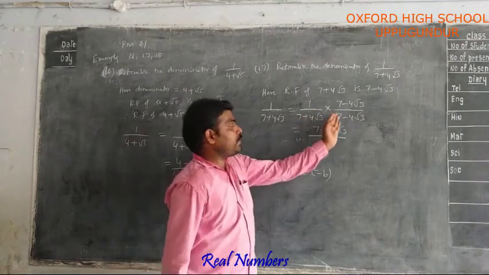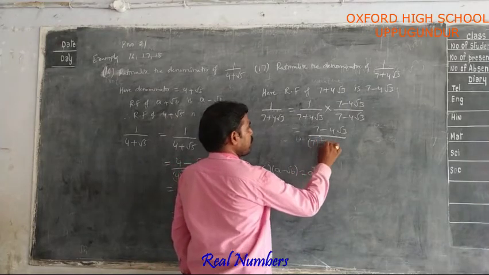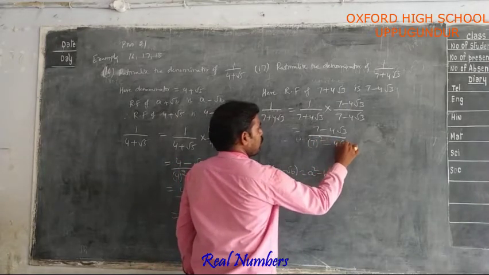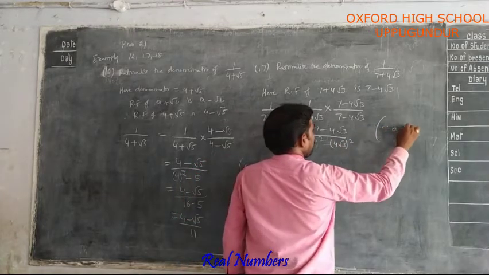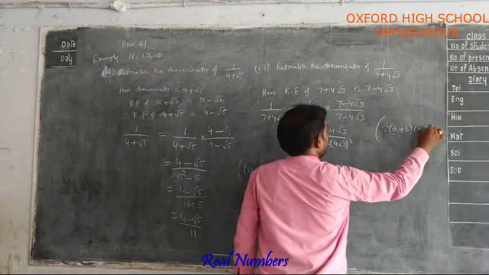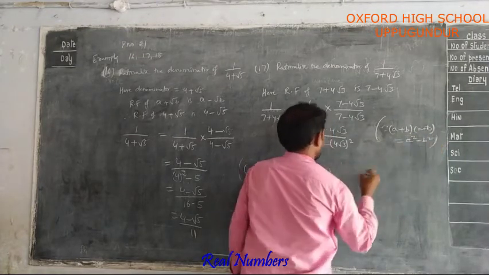What is a plus b into a minus b? A square minus b square. So 7 square minus 4 root 3 whole square. Here we are using the identity a plus b into a minus b equals a square minus b square.